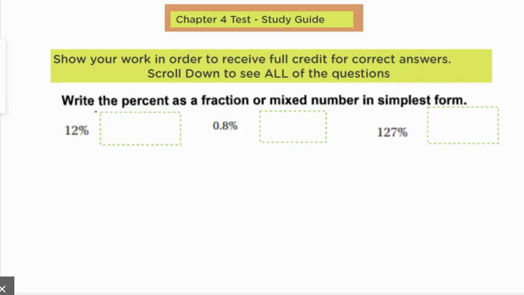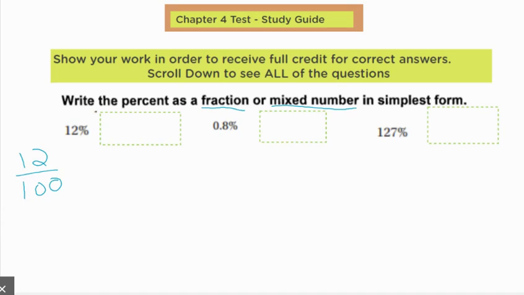So the first slide that you have on ClassKick says, write the percent as a fraction or a mixed number in simplest form. So we're going to work with 12% first. So it's either going to be a fraction or it's going to be a mixed number. And we want it to be in simplest form. So we're going to take 12%, and when we're dealing with fractions, we always want our denominator to be 100.